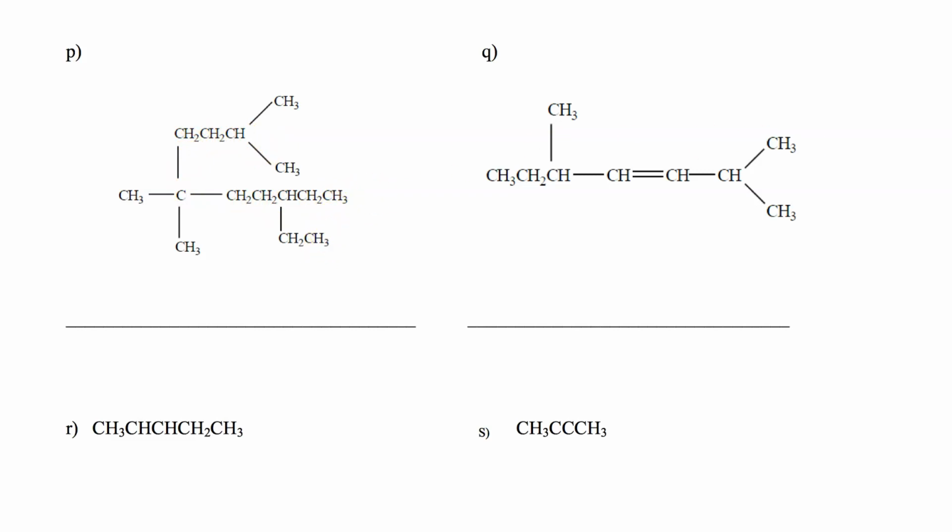I'm just going to circle my longest continuous chain. I know I could start here or here, but I'm just going to circle this. There certainly could be another correct way, which would lead us to the same results.